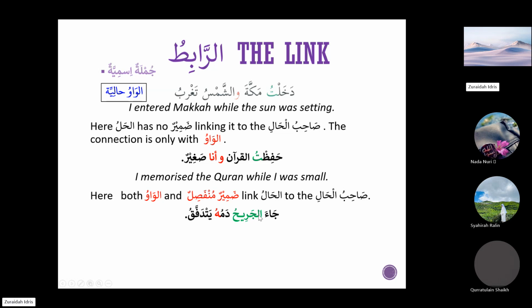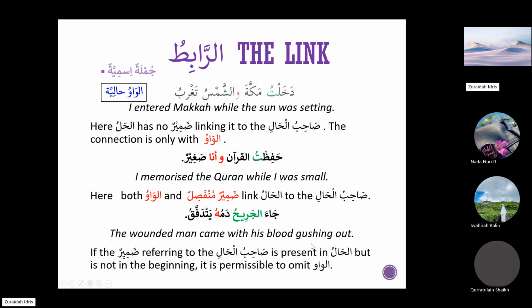So then when you translate it, with his blood gushing out. So this is not like two verses in the Quran or something. It's the same verse. This one we just have to keep on practicing, and as we go on, we learn to recognize the bits and pieces, inshallah.